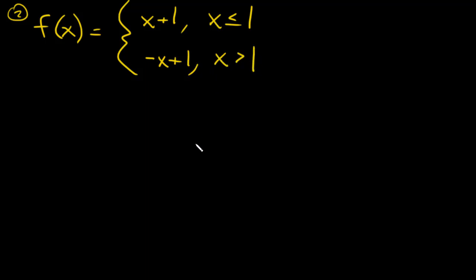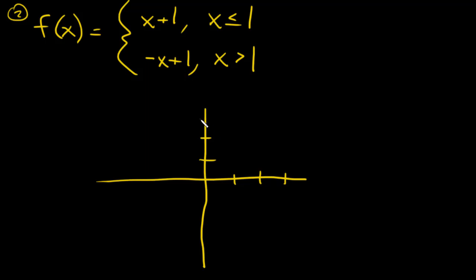Okay, so again, I'm going to make my nice graph here. I think I said I wasn't going to count, but breaking the habit is rather difficult. Alrighty, so let's graph this first one.